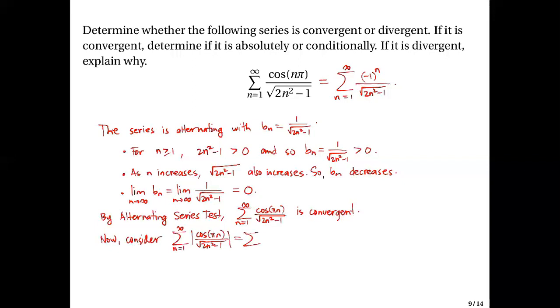But this is just the series from n equals 1 to plus infinity of 1 over square root of 2n squared minus 1.